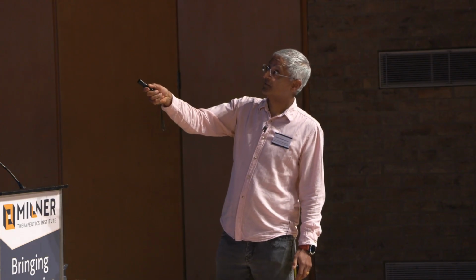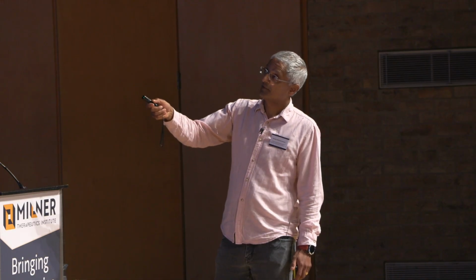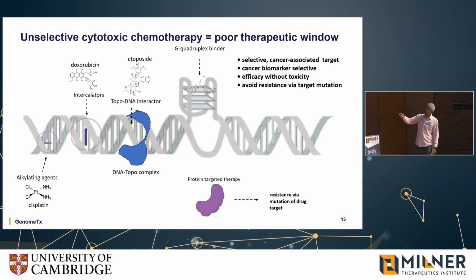I will give some evidence about biomarkers as well. But our thinking is these are relatively rare structures, and if you drug them with a small molecule, it's a very different approach. So maybe we can generate the kind of efficacy that these drugs generate, but open up a therapeutic window through reduced toxicity.